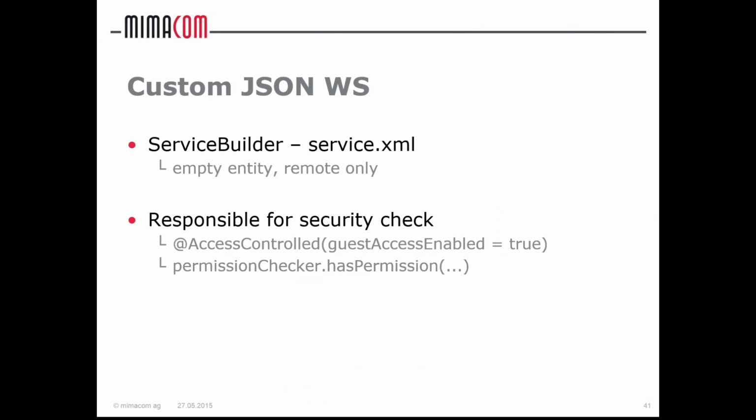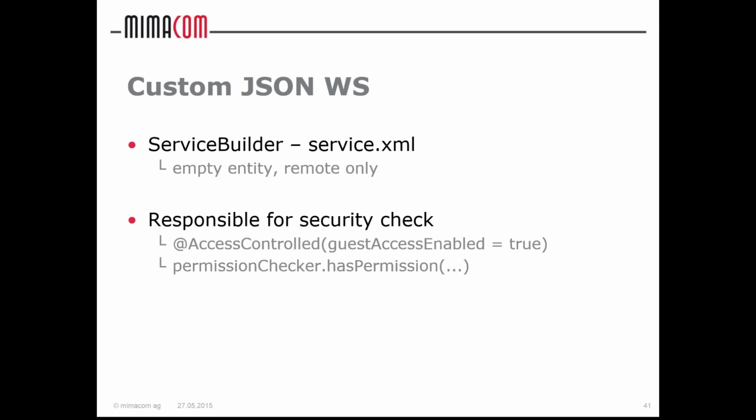Now, how can you prepare such a skinny JSON web service? You should use just the Service Builder plugin. So, for example, you can use a Maven archetype and build a brand new plugin with a service XML file. Then you can build an empty entity there with a remote-only setup.